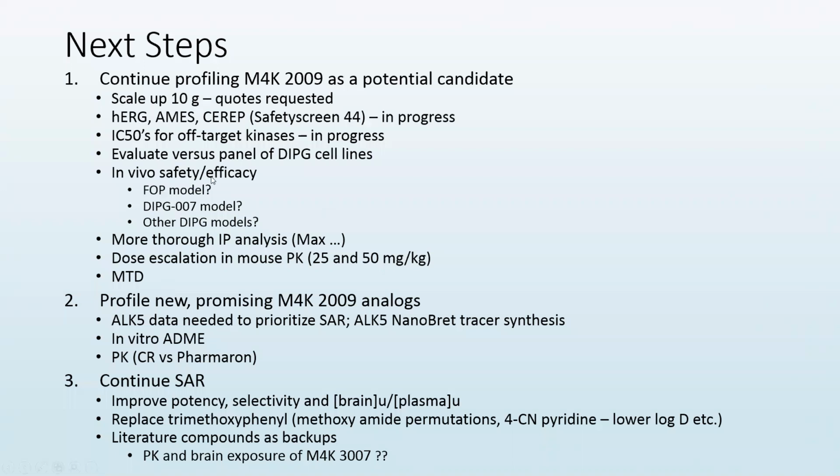Certainly, I know Javad has some interesting models for the DIPG, and Chris Jones as well, and that group has the DIPG 007 model, and I know they're willing to help, and that's fantastic, and we look forward to that.